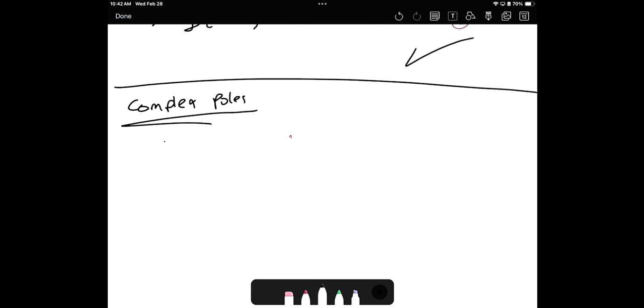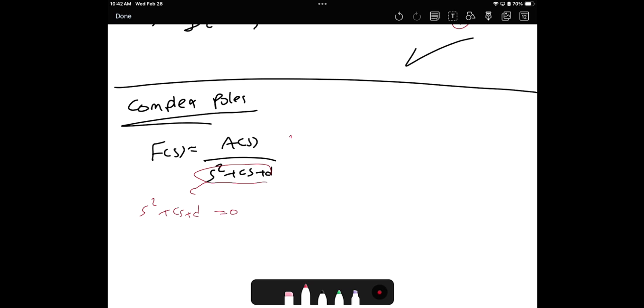Assume we have F of s equal to N of s over s squared plus cs plus d. Then, for some reason, when we calculate the roots of s squared plus cs plus d, we realize it will be a complex number. So s1 and s2, these poles will be a plus or minus jb.